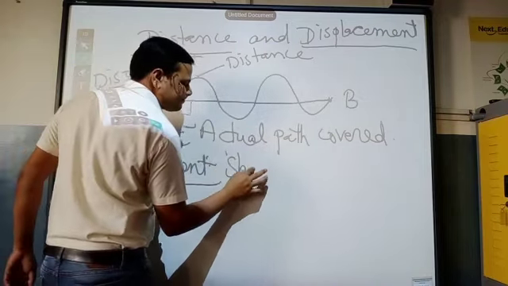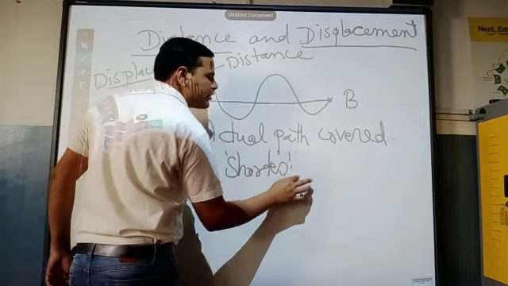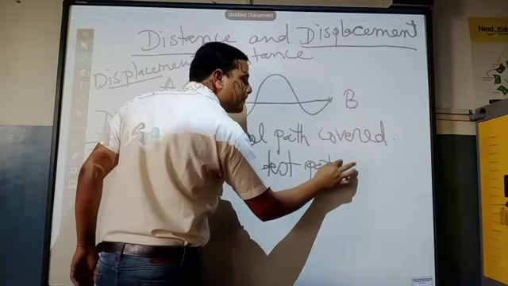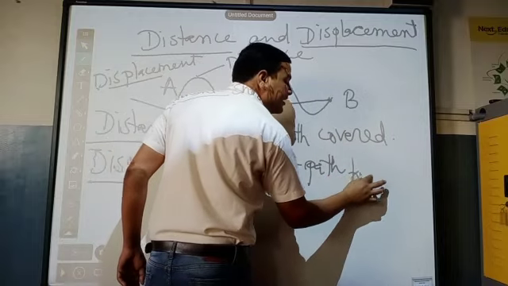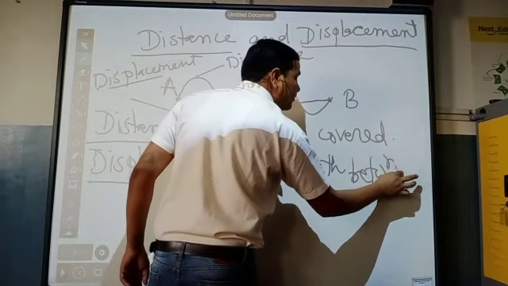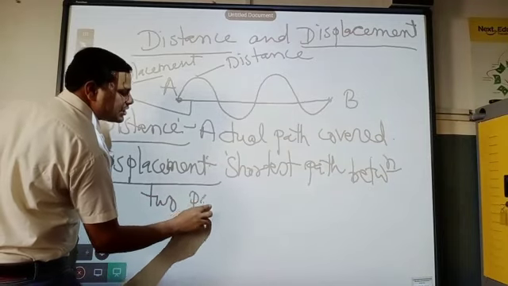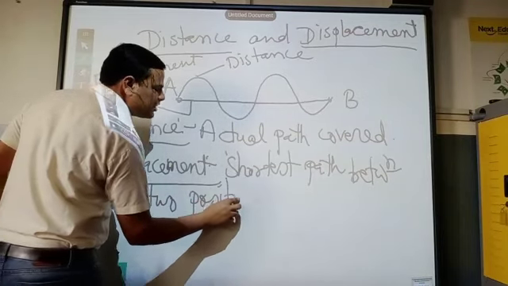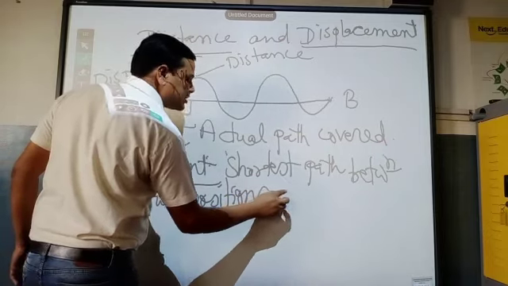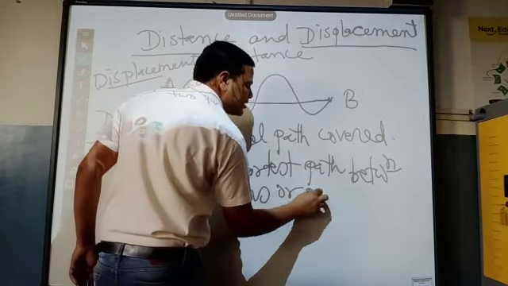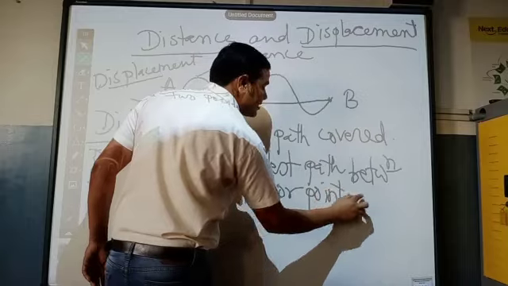Shortest path between 2 points, 2 positions. Shortest path between 2 positions or points is known as displacement.